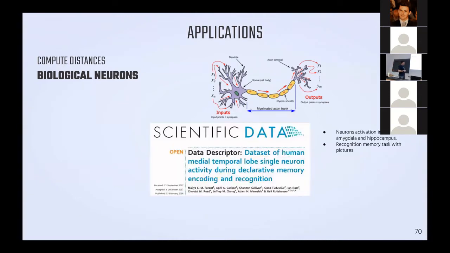For instance, in this data set, they collect the amygdala neuron activation when two individuals are shown new images or images that they already saw, and they study the activation of the biological neurons. This data for us is a temporal network. One question is, what happens if we study this network with egocentric temporal motifs? Does it make sense to have an egocentric perspective? I don't know, I have no idea, but I think it could be interesting.